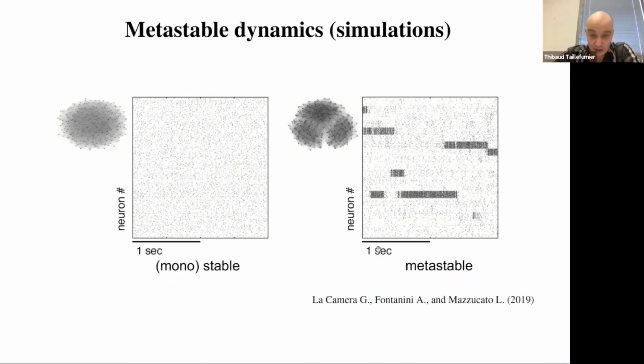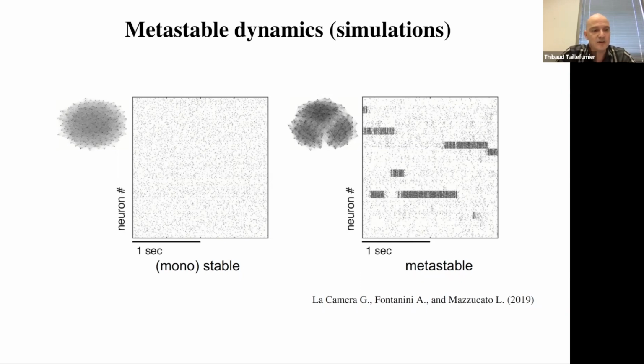Those pictures are obtained by simulated spiking networks. The first stable one is just a randomly connected homogeneous network of spiking neurons with intrinsic noise. Because there's no structure to that network, the dynamic is fairly stereotypical, and all it does is relax to a typical state and just stay in that state. So it's stable, okay?